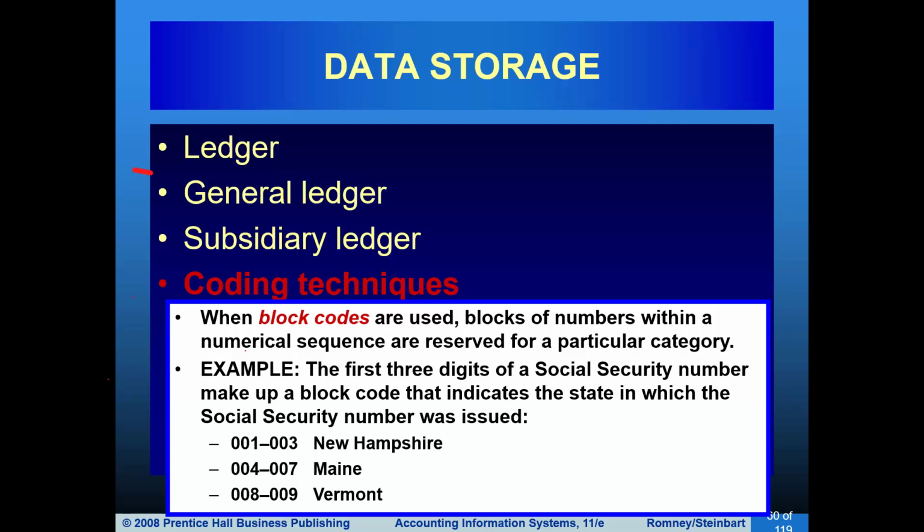The first 3 digits of a social security number make up block codes that indicate the state. Now say this is in the United States. Somebody who is working or living in New Hampshire has 001 through 003 in their social security number, like an ID number.